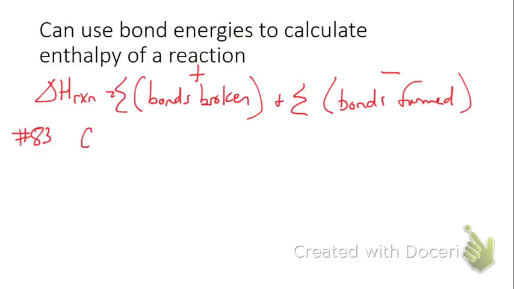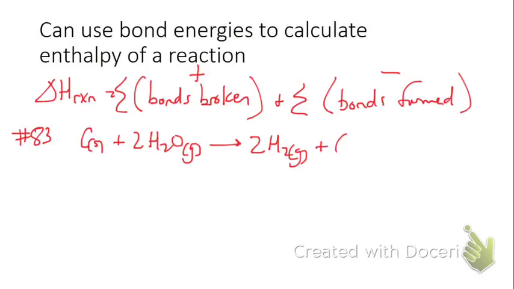So we're going to have carbon solid plus 2 H2O gas goes to 2 hydrogen gas. If you notice in your book there is a typo. They do not balance this equation. So let's think about this. Right? So we know bonds broken plus bonds formed.